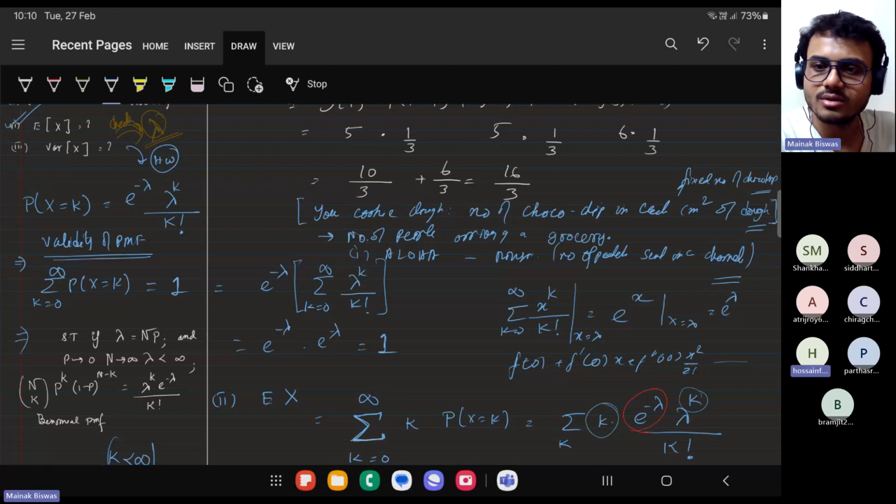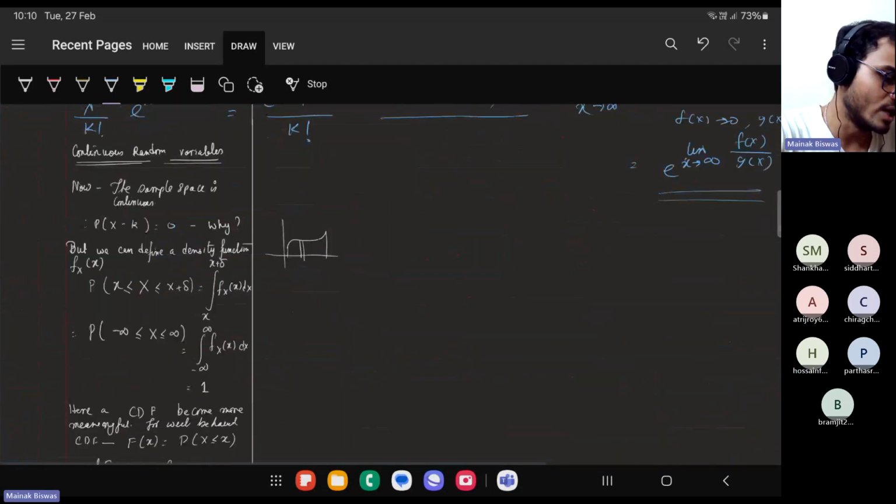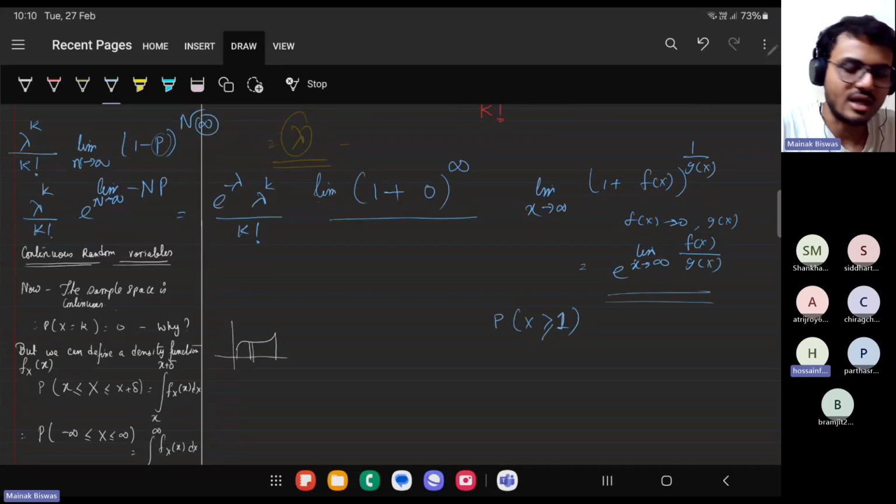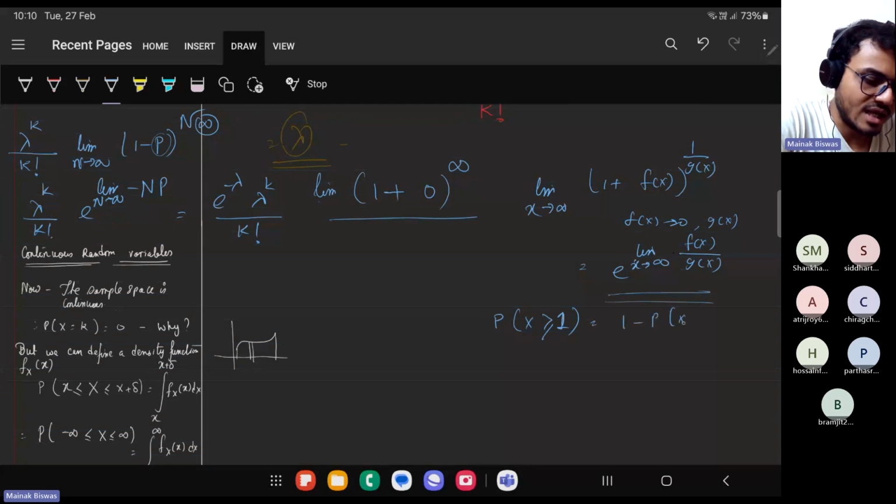I'm asking why, if n tends to infinity, p is tending to 0. For your question only, I'm going to do it now. When will there be a collision? When probability of x greater than or equal to 1, which is equal to 1 minus probability x is equal to 0.